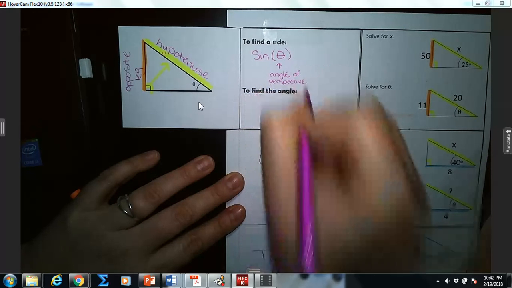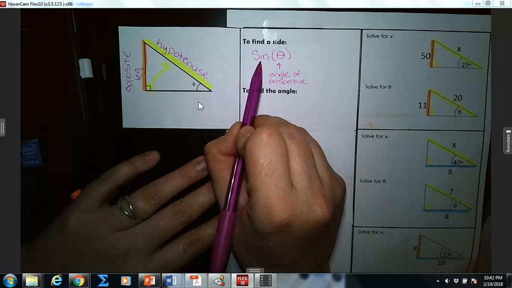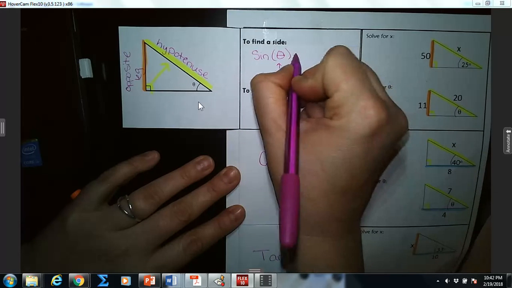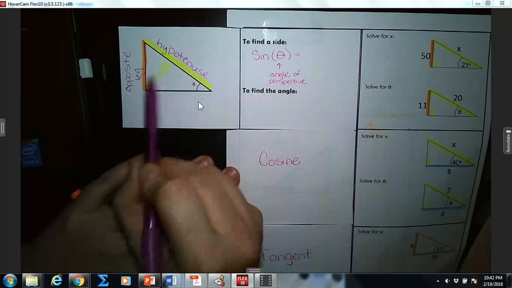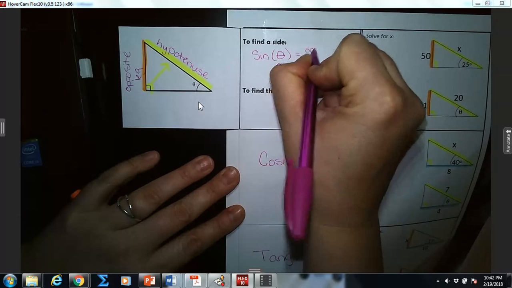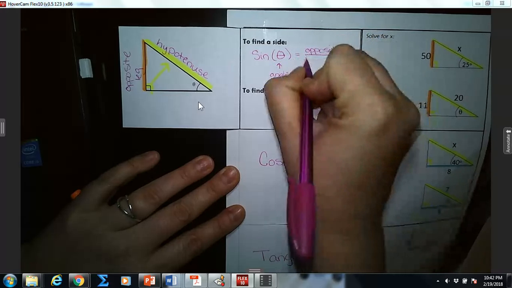That's the view in which we're viewing this triangle. So the sine function applied to the angle is going to be equal to the ratio of these two sides, the opposite leg over the hypotenuse.